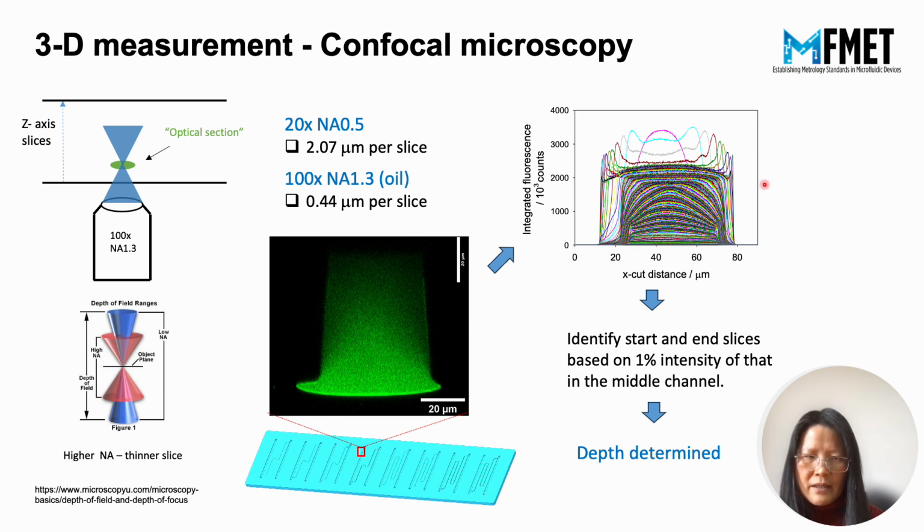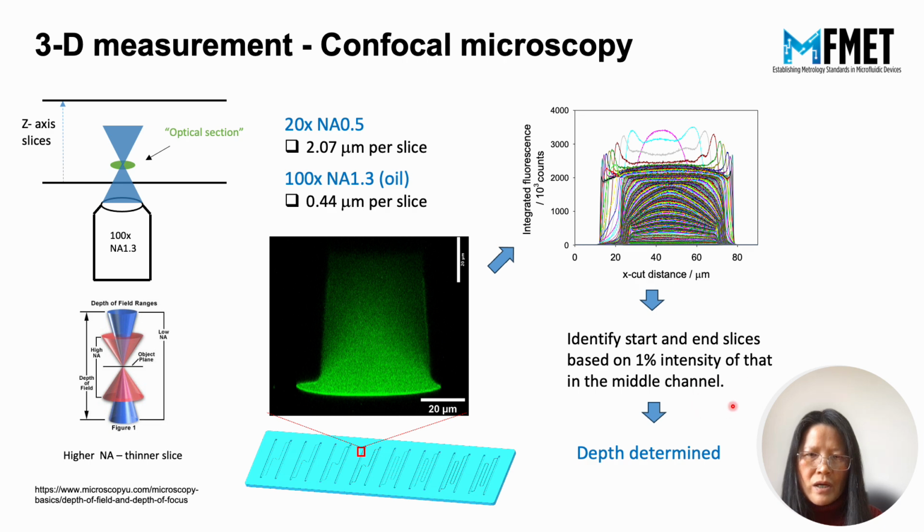To estimate the channel height, we must identify the start and end slice for the channels. Due to imperfect confocality, a decision has to be made regarding the threshold of fluorescence intensity.